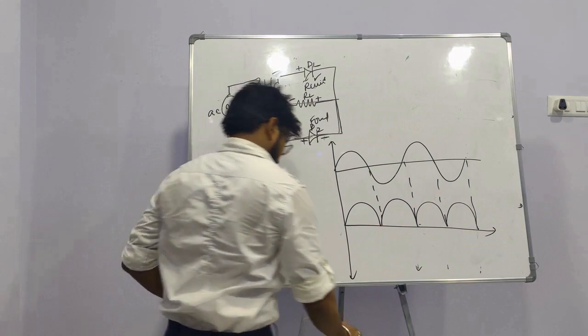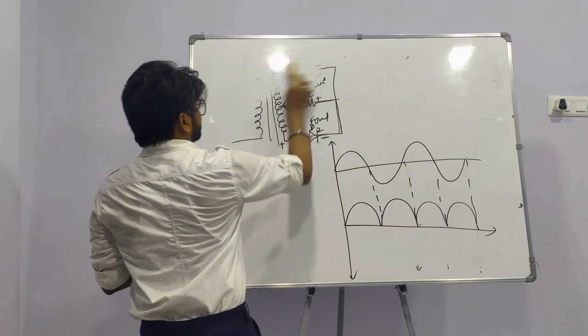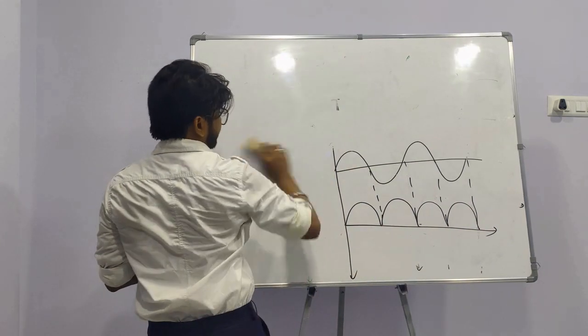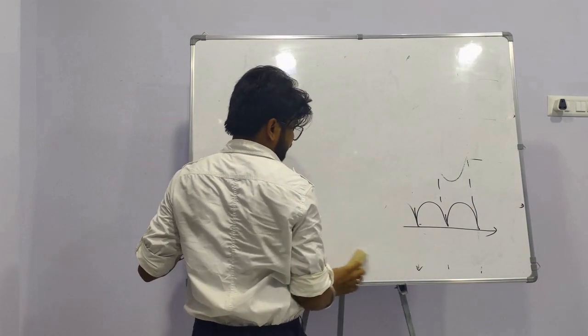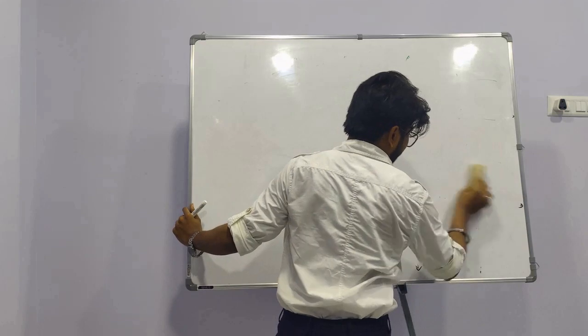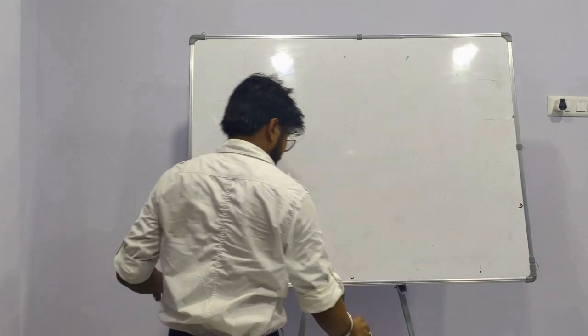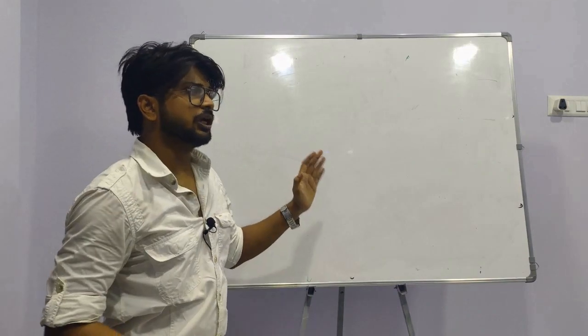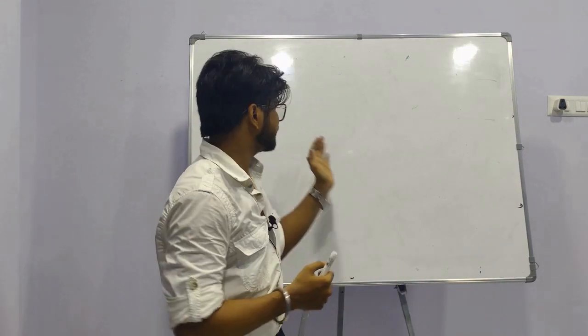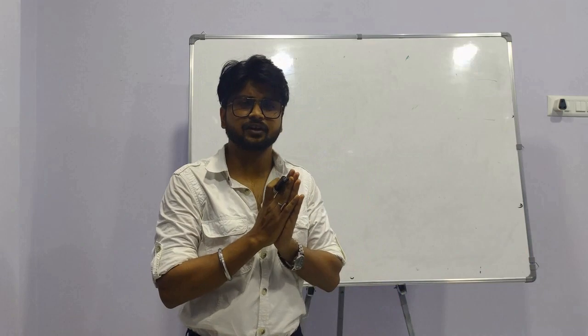So we finished the two types, the center tapped full wave rectifier and the transformer based half wave rectifier. Now we will move on to the practical case: making that center tap is very difficult.